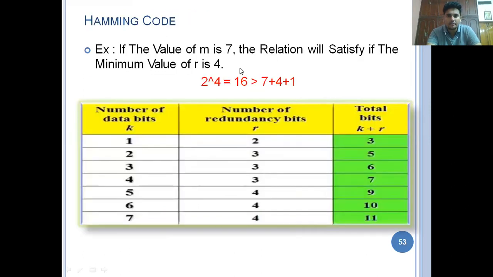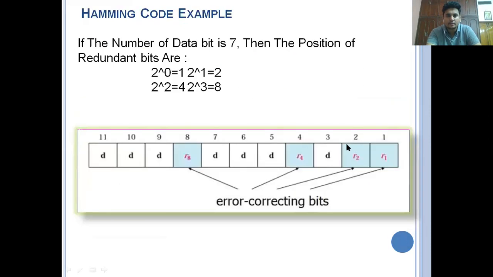If 7 is the original data, we add a minimum of 4 bits. With 7 original bits, a minimum of 4 duplicate bits can be added to the original data. So the total frame size is 11 here.